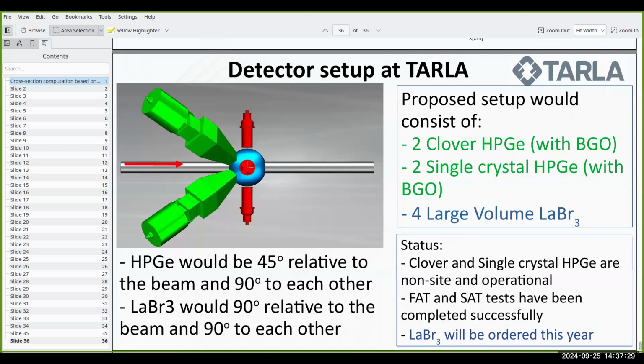Obviously, for all of them, we have the active Compton suppression, which comes in the form of the BGO detectors. And then they will be placed at 45 degrees with respect to the beam, or minus 45 degrees, depending on how you look at it, and 90 degrees to each other.